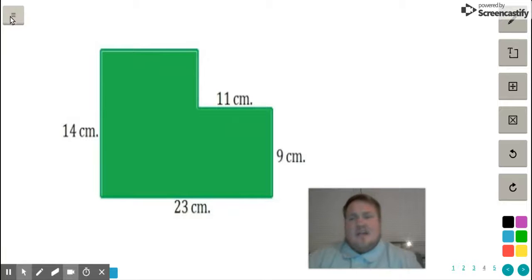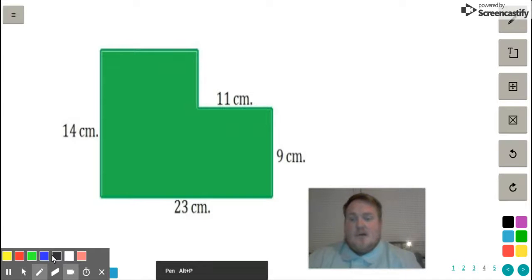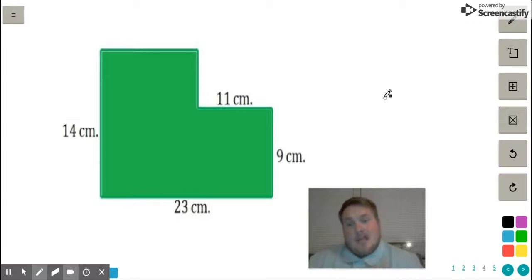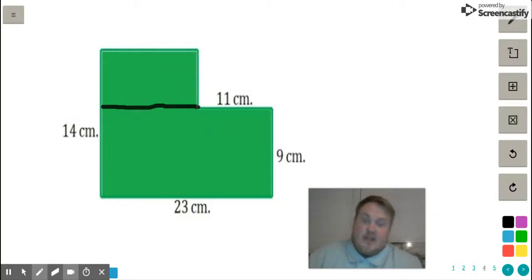Another area that is troublesome for kids on the SOL is when you have composite or irregular shapes. So in this case, if I needed to find the area of this shape, I have to divide it into two shapes that I have an area formula for, two rectangles. Keep in mind that you have to find the missing lengths, okay?